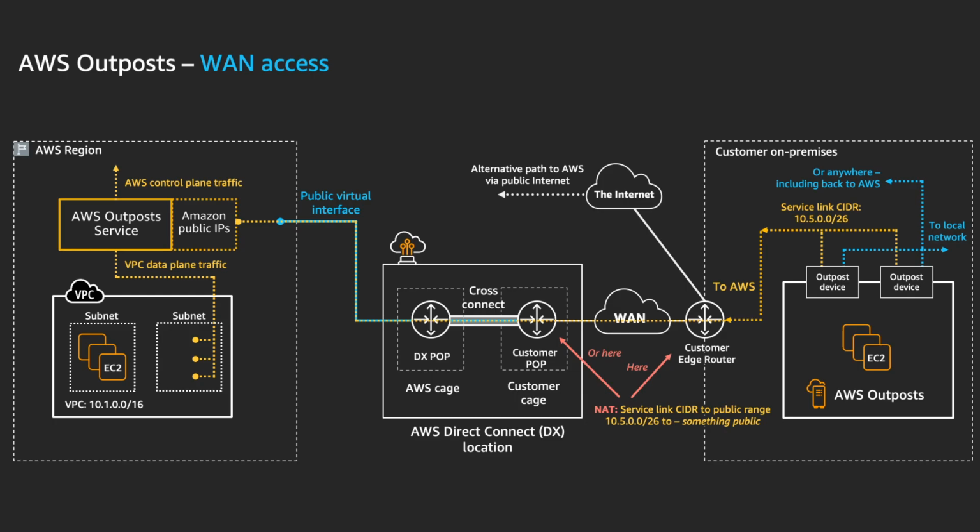And what I always recommend is to sit down with your application owners and figure out where traffic is sourcing from and what the destination is, whether things are operating inside an Outpost, operating inside the region, or even operating on premises. It's always a good idea to define those traffic flows. And then you've got a bit of an idea on how to provision your routing and your connectivity and who needs to communicate over an LGW or who might need to communicate over a service link.